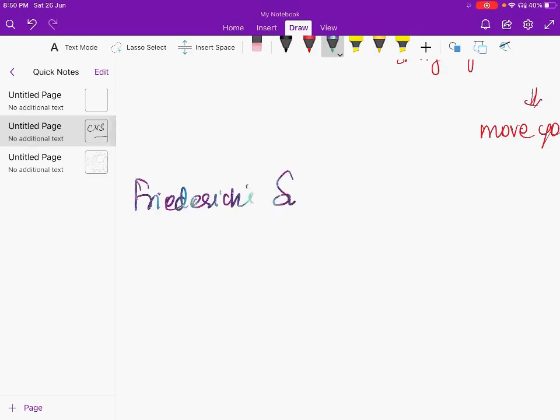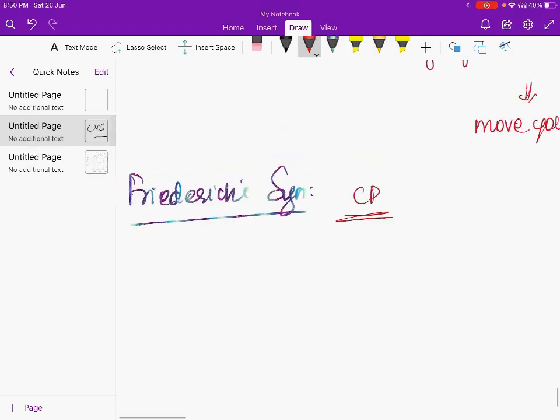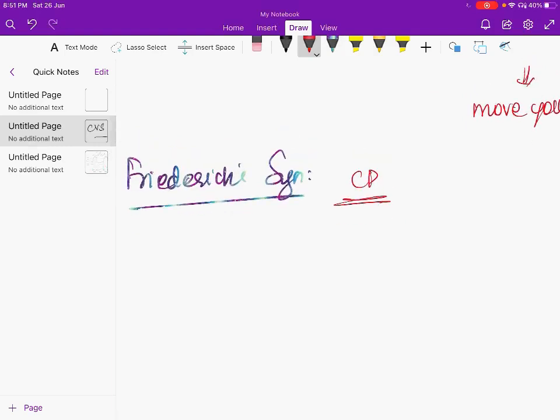Friedreich sign, any idea? Where is Friedreich sign seen? Yeah, in constrictive pericarditis. What happens in constrictive pericarditis?